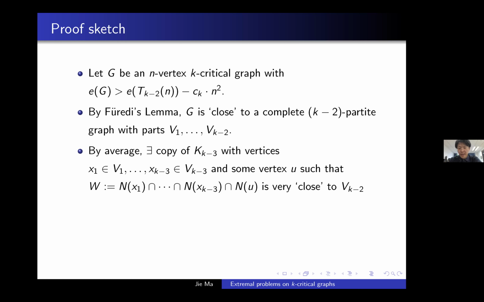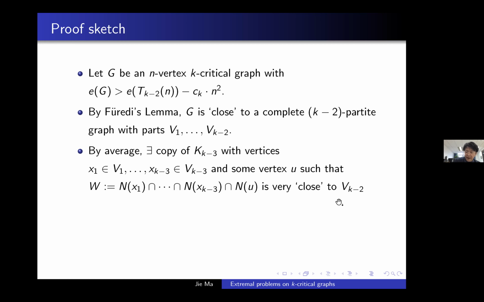Then by averaging, because we know there are many edges, right? They're much bigger than e(T_{k-3}) and many edges. So by averaging, there is a k minus 3 clique. Then we can just find those cliques and find the vertex U and define the W.